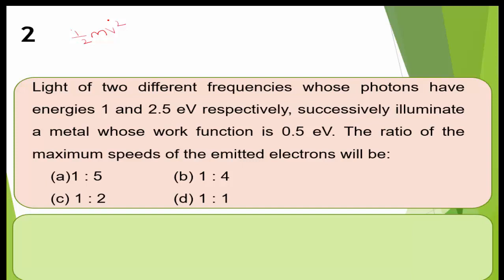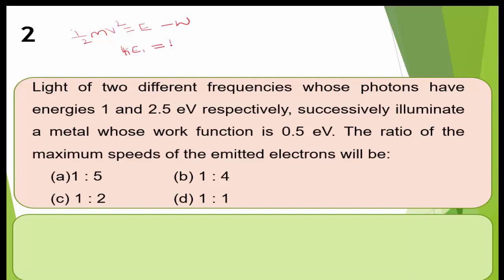This kinetic energy equation, using the Einstein equation, half mv square is equal to E minus W. Kinetic energy is equal to E minus W. Here E indicates photon energy, or here light of two different frequencies whose photons have energies 1 and 2.5 electron volt. For the first, the kinetic energy is KE1.